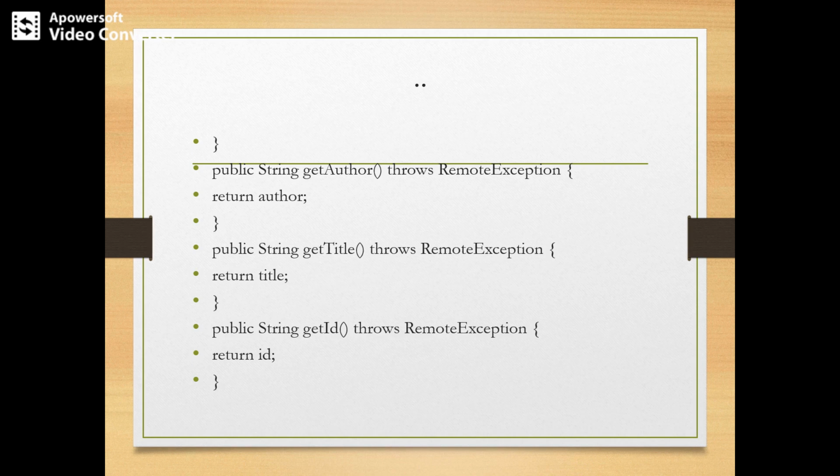Here the rmic compiler, C means compile, produces a file named Book_Stub.class. That is the case of how it is going to execute, and it always acts as a proxy for calls to the methods of the Book interface.